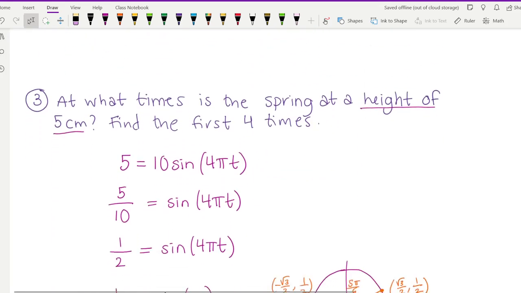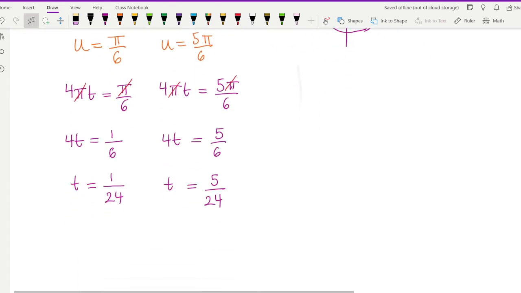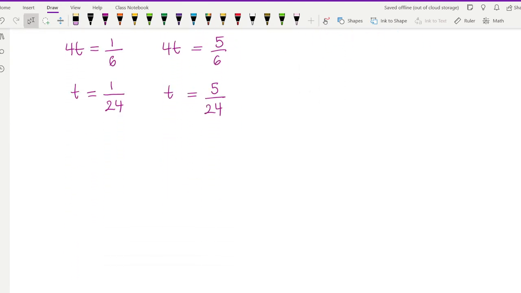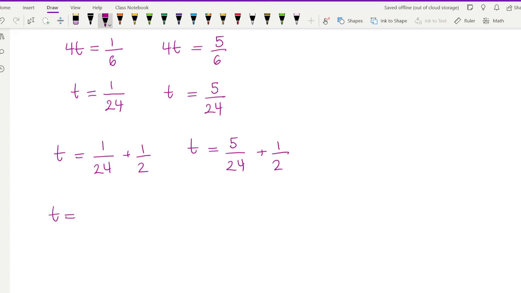And so to find our next 2 times, that would be solutions, we want to add 1/2 to each of these. So that would give us t is equal to 1/24 plus 1/2, and t is equal to 5/24 plus 1/2. And so we just want to make a common denominator, and that will give us our final answer. So for this one, if we multiply the second fraction by 12/12, we would get t is equal to 1/24 plus 12/24.